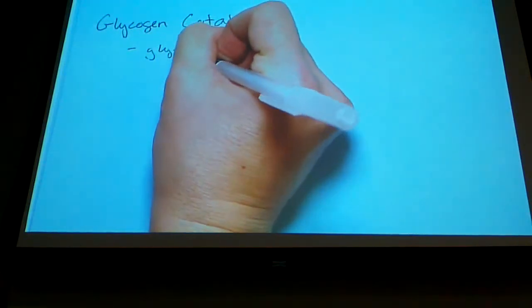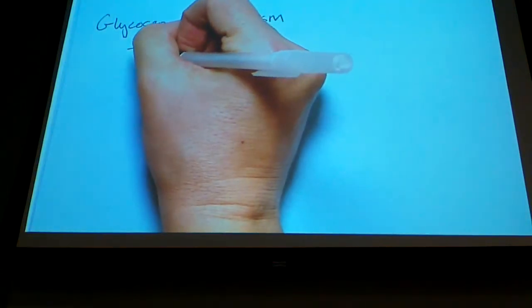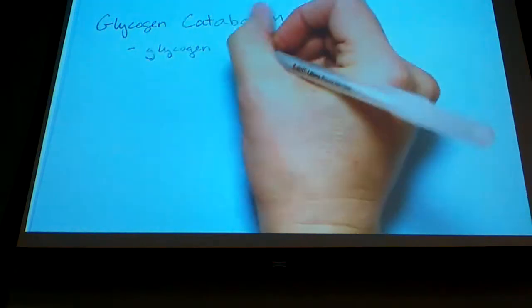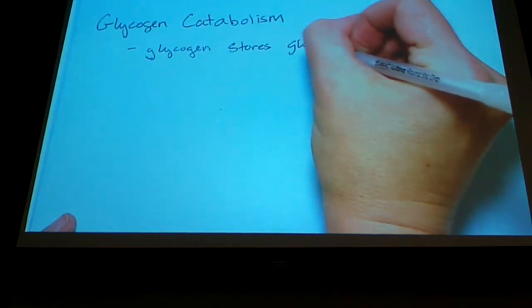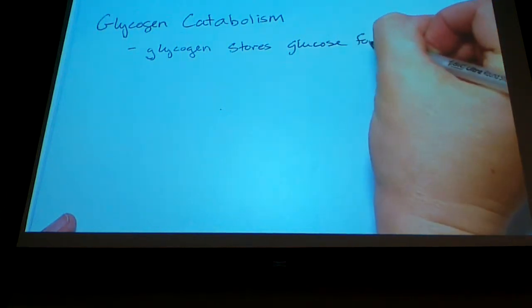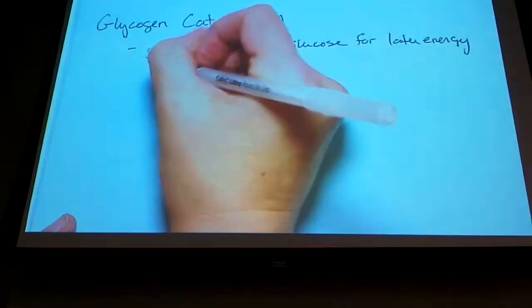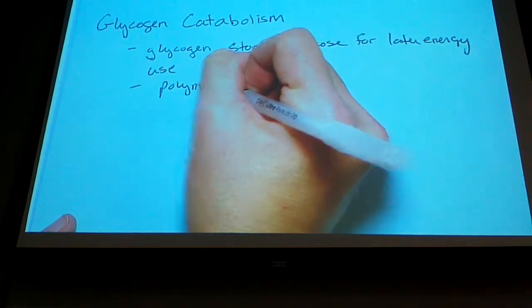So glycogen was mentioned back in chapter 8, carbohydrates, and what is its function? Glucose storage for energy. It is a polymer of what?